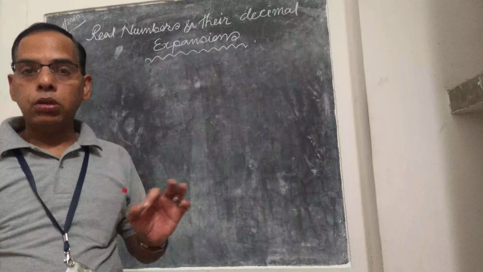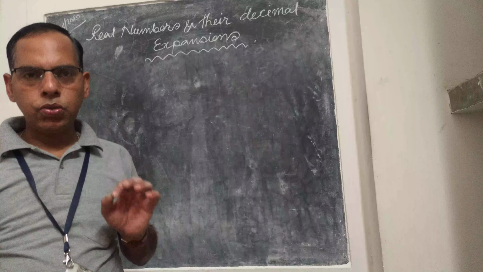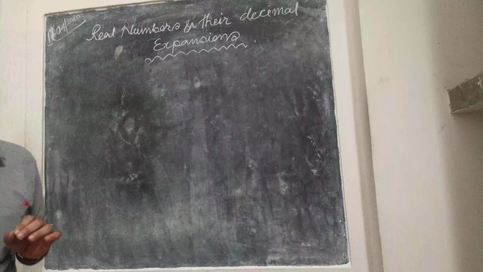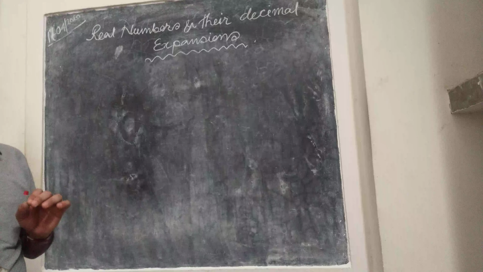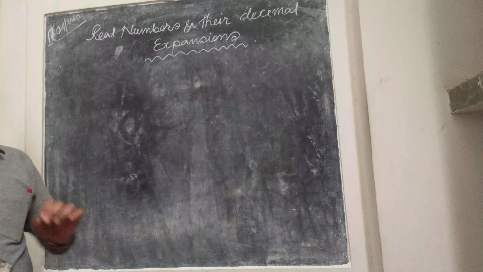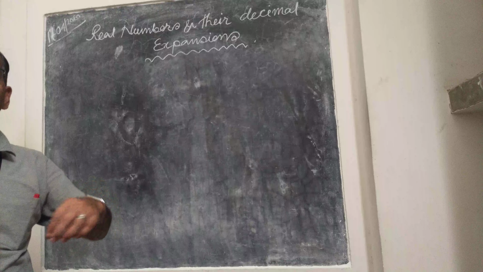But here that is not counted. This is something extra. What is that? Whether it is completely divisible, or the decimal can be completely taken out, or it will be an approximation.